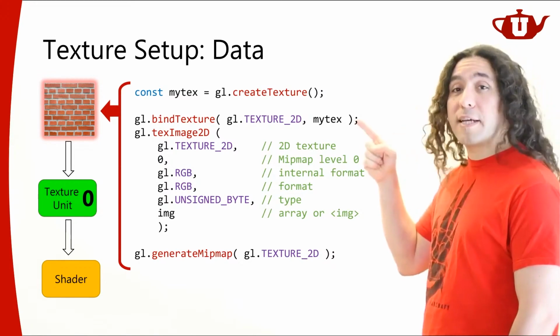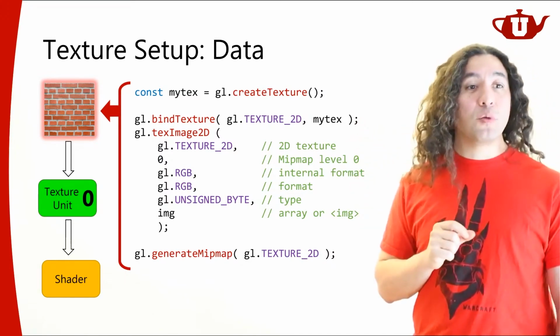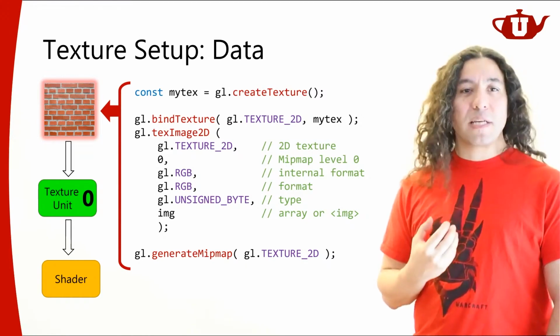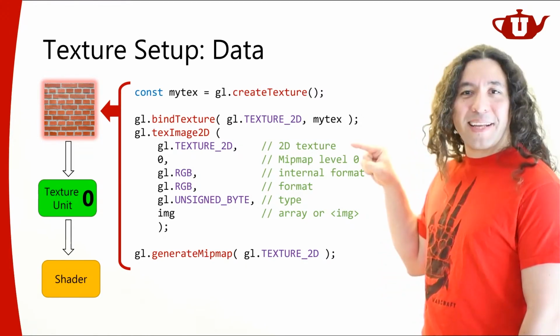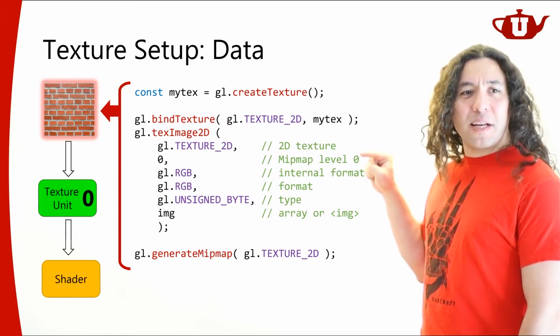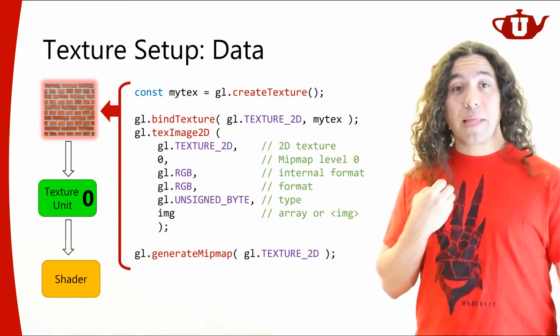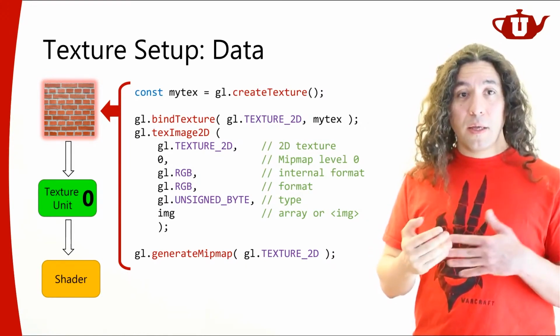All right. So I bind a texture, and then the next call is gl.texImage2D. That means I'm going to specify a 2D image. I said this is going to be a 2D texture, and next is 0. That's saying it's going to be mipmap level 0, which means the main resolution.